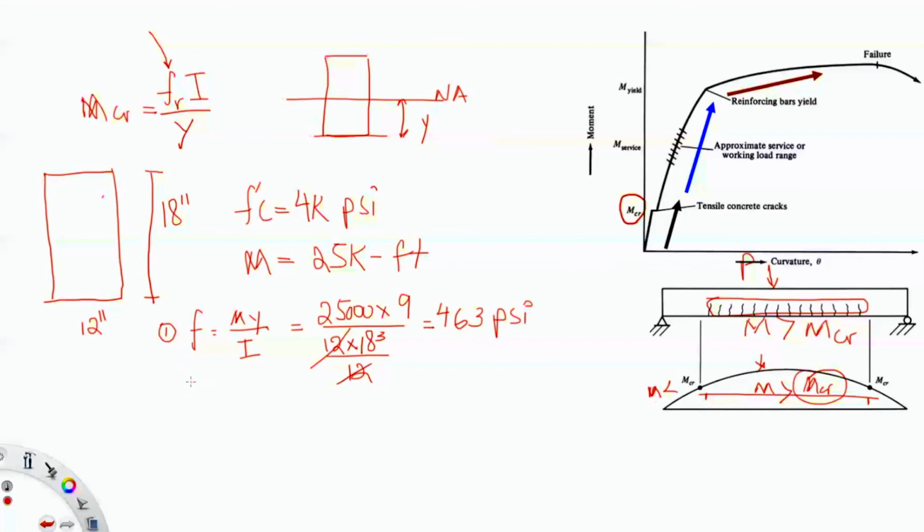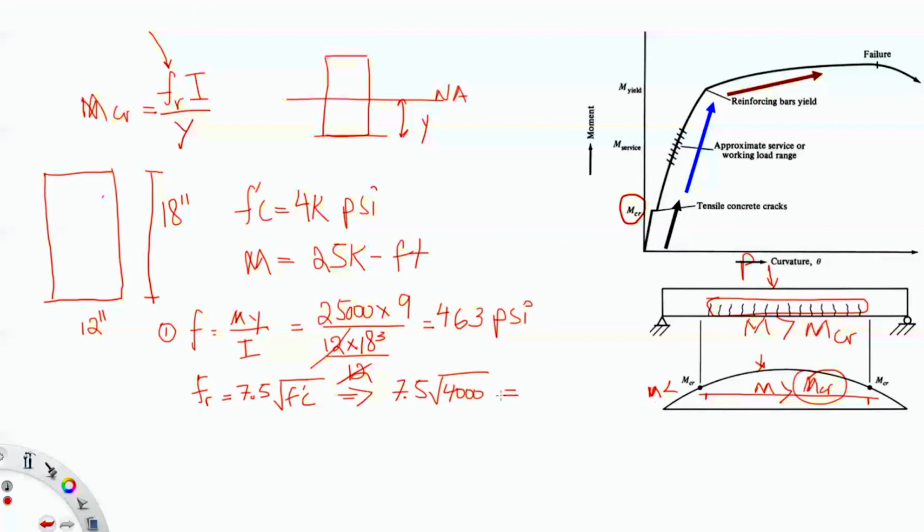All right, from the ACI code formula that we talked about in the earlier slide, we can calculate the modulus of rupture, because it's just a function of f'c. So it's equal to 7.5 radical f'c, that is, 7.5 radical 4,000.